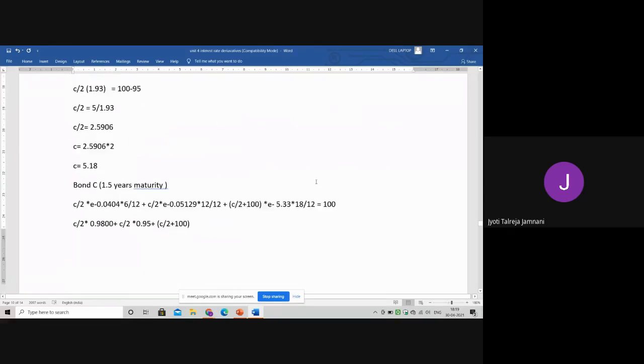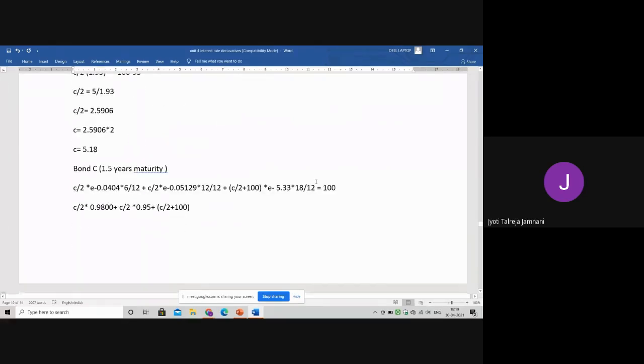It should be 0.98, 0.95. 3.37 into 10 is to minus 4.